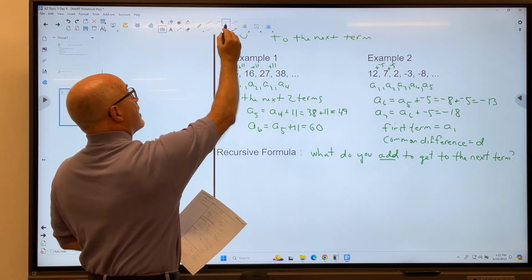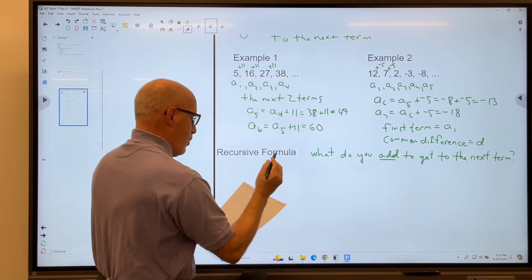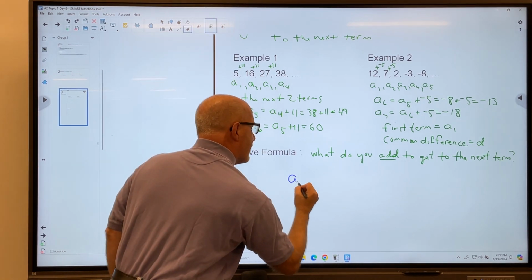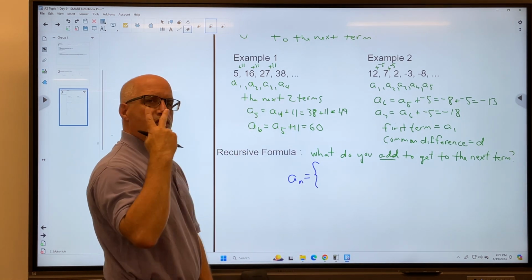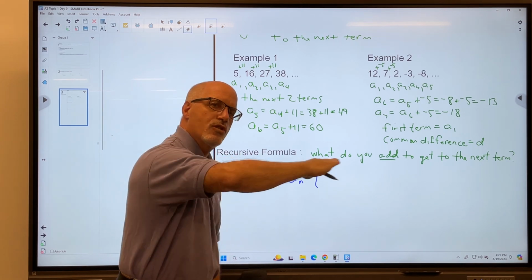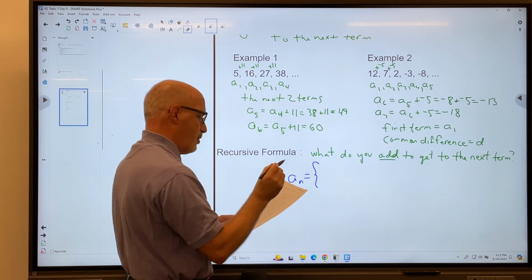So this is a new notation for you. We're going to list it. It looks kind of like how we did with the piecewise functions, because there's two pieces of information, we need two pieces to the formula. You need to define what is the first term.